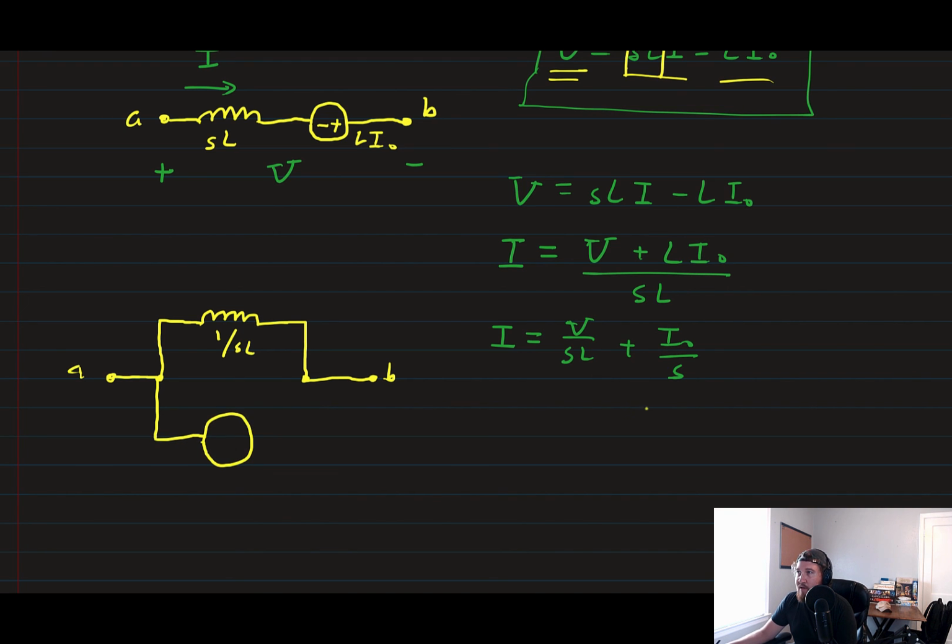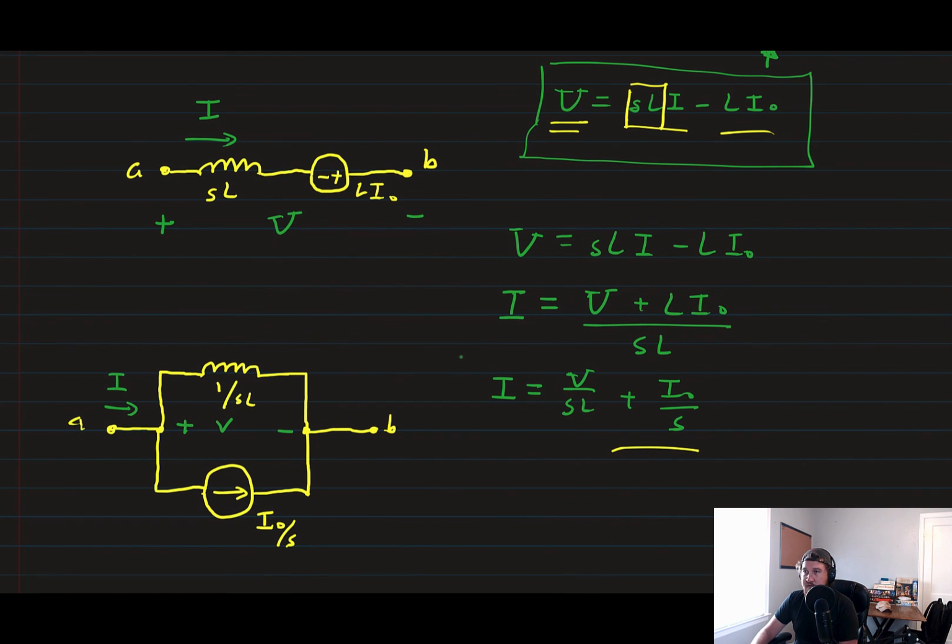Now notice that it's plus I naught over S. That means that our current is now going to flow in the same direction as our incoming current. And that current is going to be equal to I naught over S. And we still have a voltage drop, V, across those elements, and the current I is coming in from that A node. So we have both versions now, a version for voltage and a version for current. Depending on the analysis that you're doing, one might be preferable to the other.